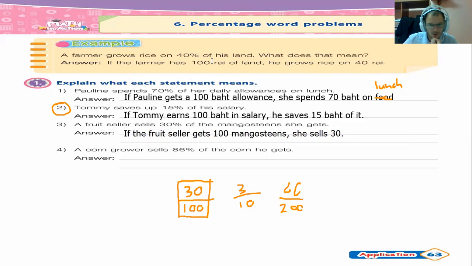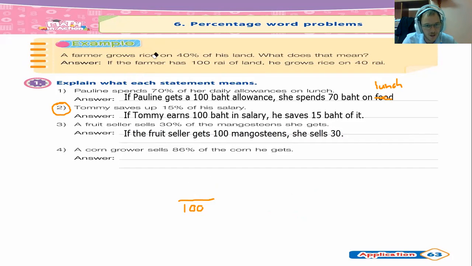Okay. Another story. And then for our last one, let's have a look. A corn grower sells 86% of the corn he gets. So this is exactly the same as this one, just in different numbers.